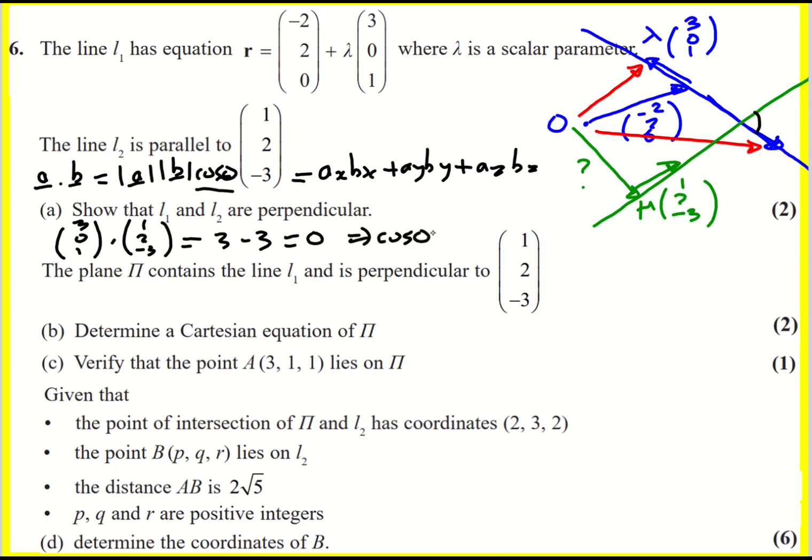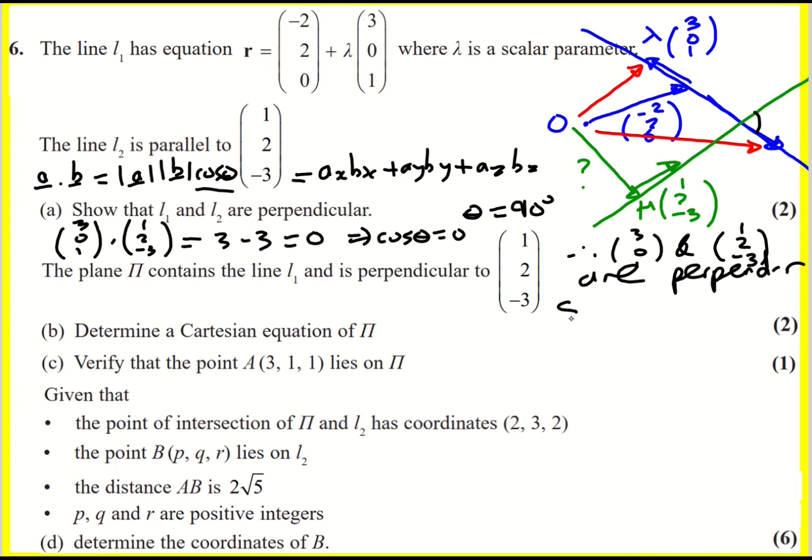This implies cos theta is 0, theta is 90 degrees, and therefore 3, 0, 1 and 1, 2, minus 3 are perpendicular. So L1 and L2 are perpendicular. All about the direction vectors at the end of it.